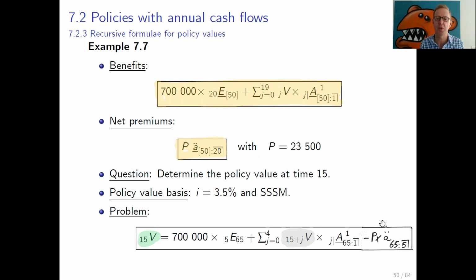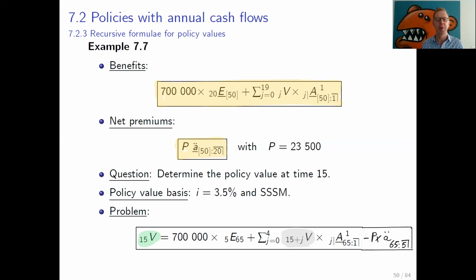And then, of course, there is also minus the actuarial value of future premiums that still have to be paid. So this is our general expression following from the definition of a policy value as a prospective value: actuarial value of future benefits minus actuarial value of future premiums.